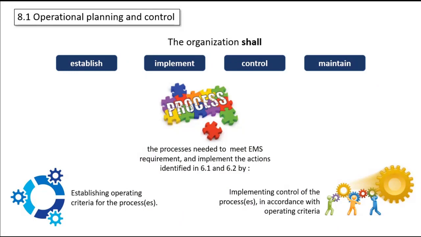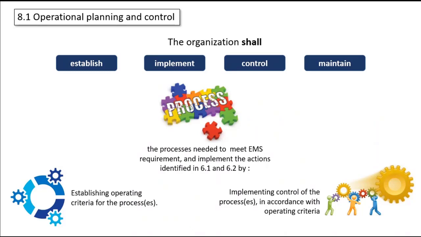All right. So to do 6.1, 6.2, that's why this is the Do. To achieve the planning that you have in 6.1, 6.2, you must have a process for how to achieve them.